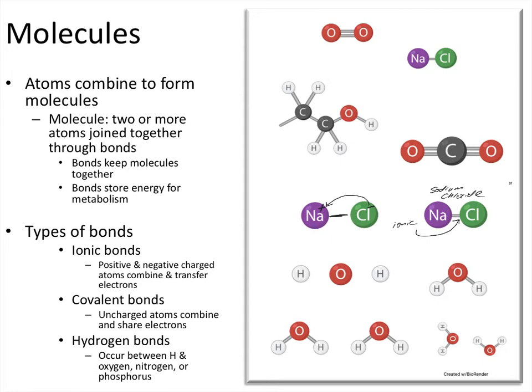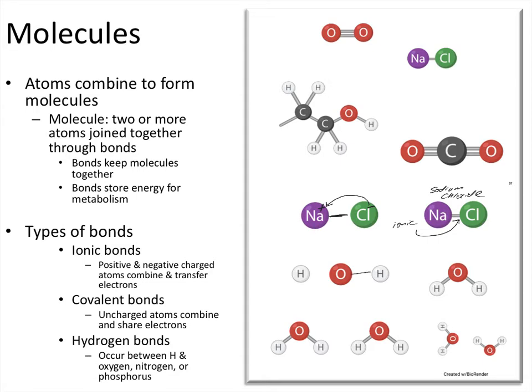The next type of bond that's really important to biologists is the covalent bond. Covalent bonds occur when uncharged atoms combine and share electrons with each other. So you have all heard of water before. You probably know the molecular formula for water off the top of your head. It's H2O. And what that means is we have one oxygen atom and two hydrogen atoms.